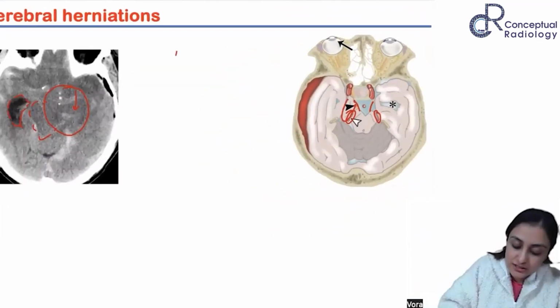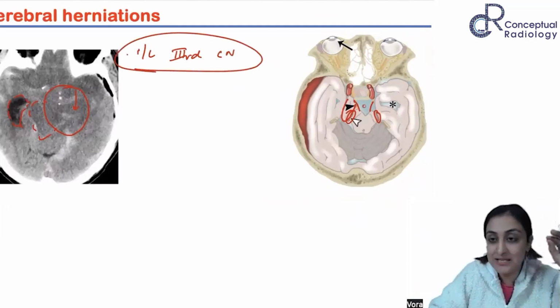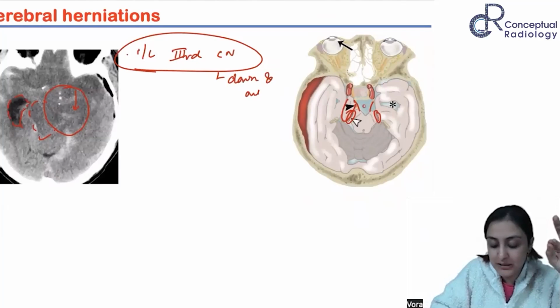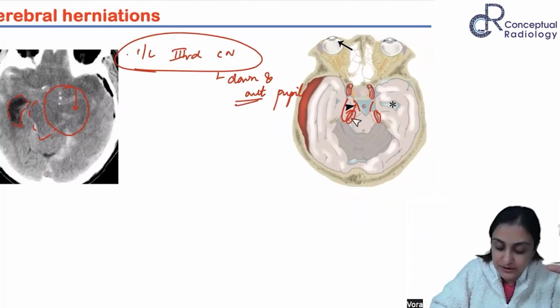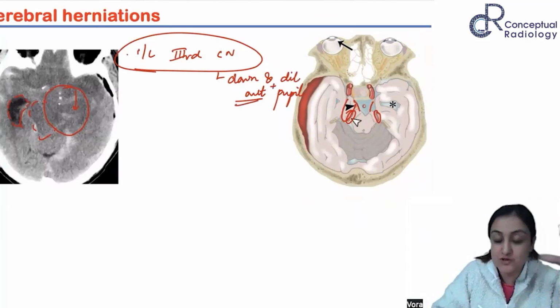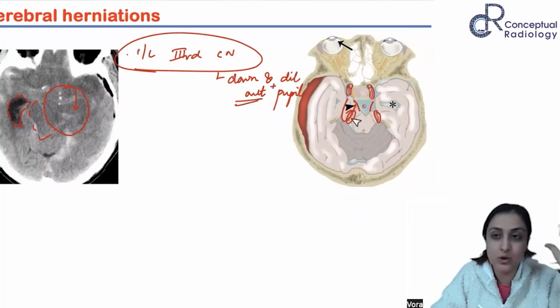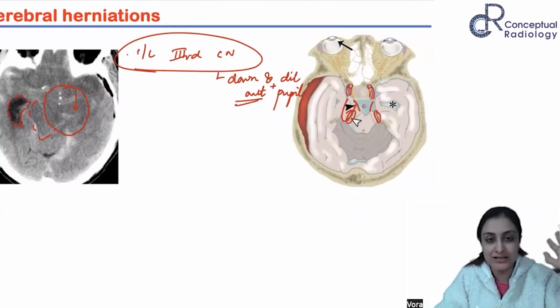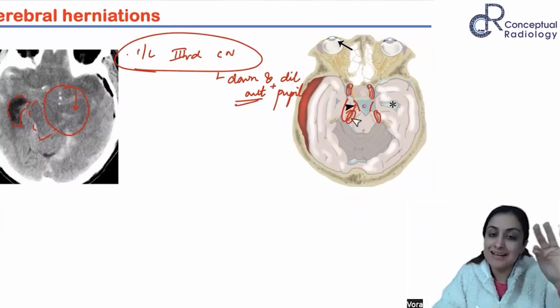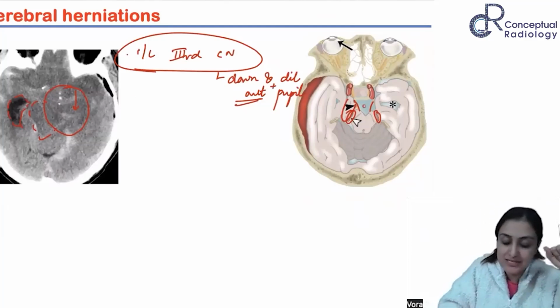It can result in third cranial nerve compression. Ipsilateral third cranial nerve compression can be there, which the neurosurgeon will describe as a down and out pupil, a dilated pupil, right? So down and out with a dilated pupil. This is a sign of third cranial nerve palsy. We call this Hutchinson's pupil. You don't need to know this as a radiologist, but ipsilateral third cranial nerve palsy can be there.